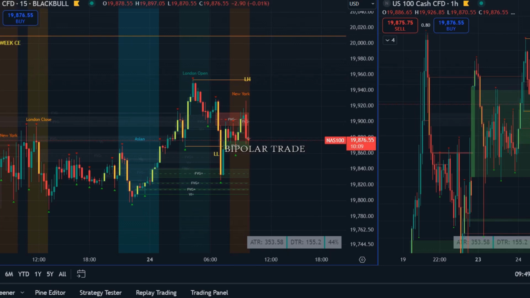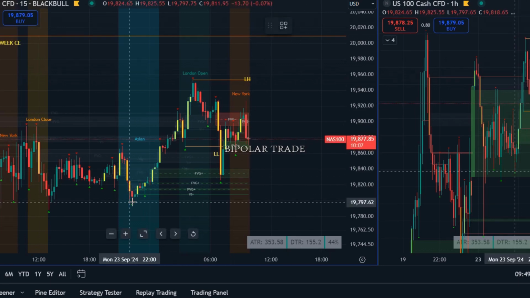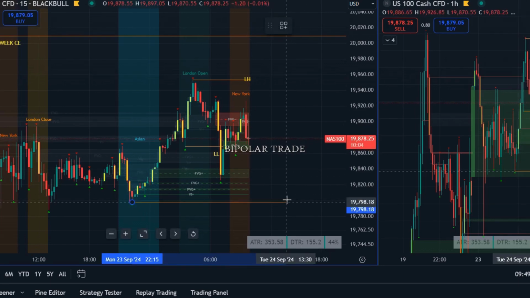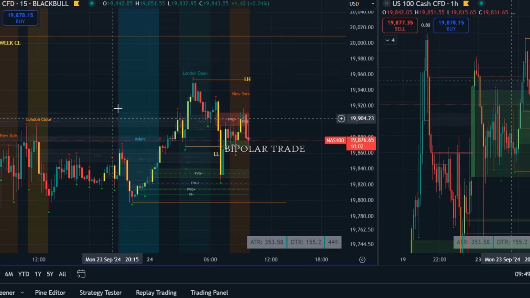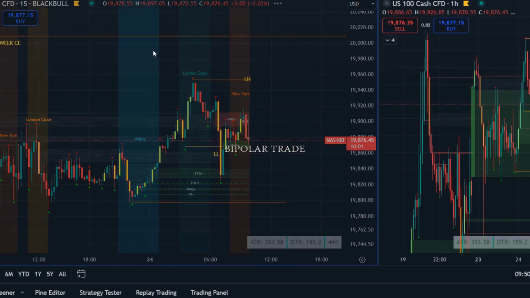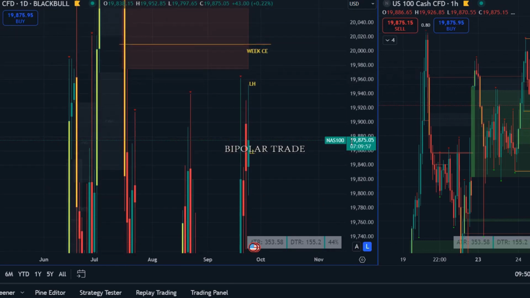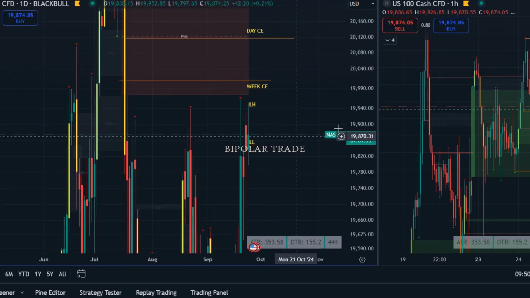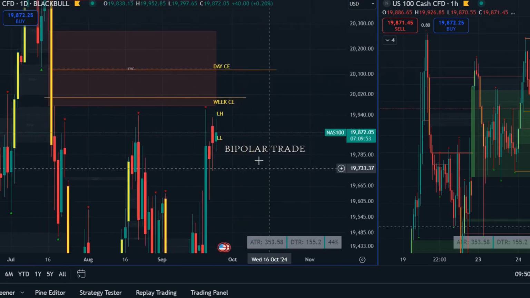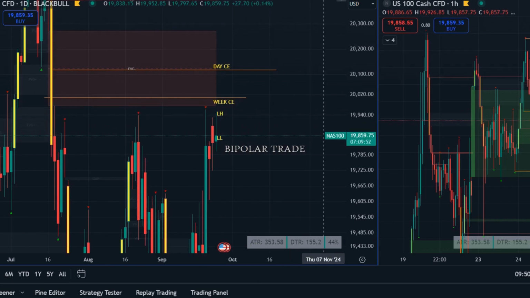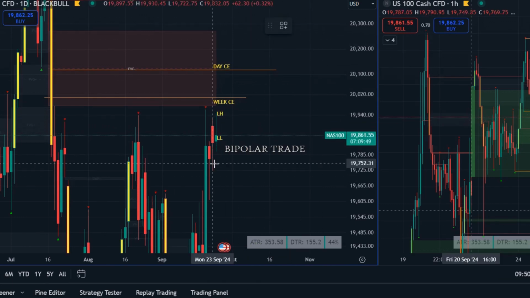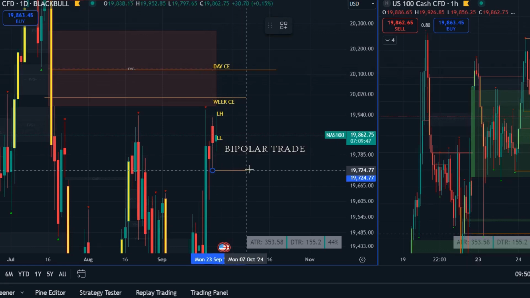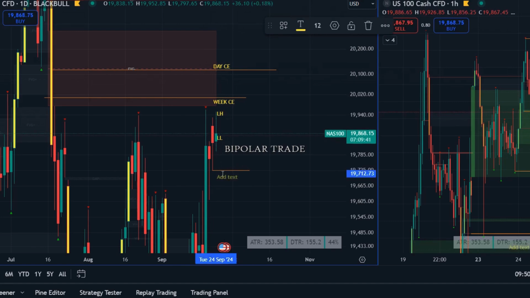So the next draw on liquidity would be this Asia low, and we're going to mark out the previous day high and previous day low. Previous day high has been taken and we're going to mark the previous day low. Just call that PDL, previous day low.